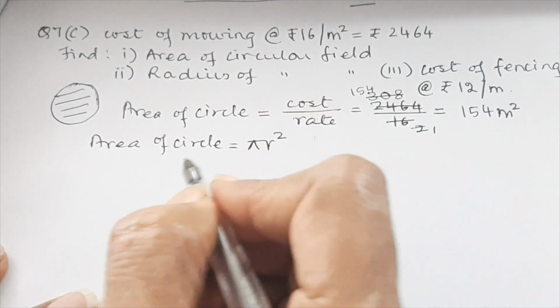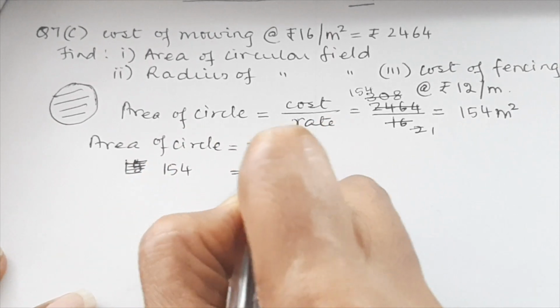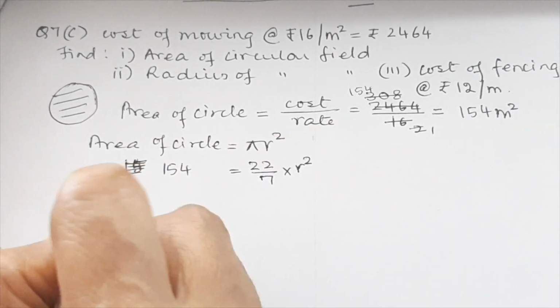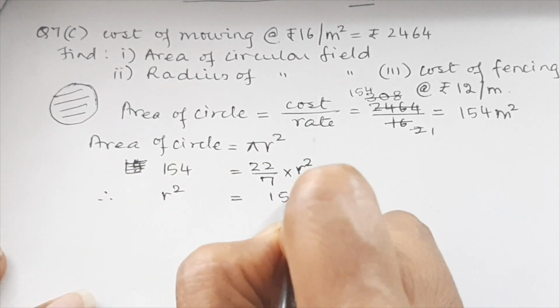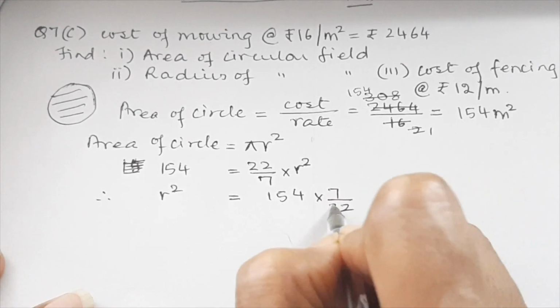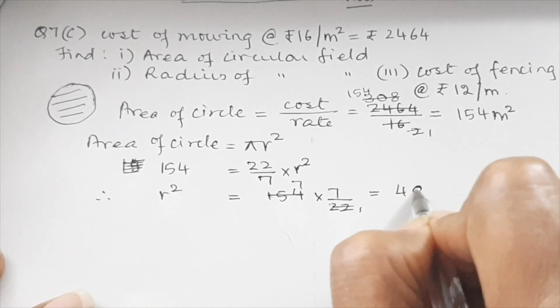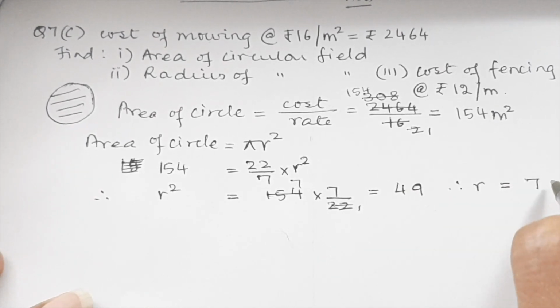So we got to connect it with the formula. So 154 is equal to 22 upon 7 into r square. Therefore, our r square is equal to 154 multiplied by 7 upon 22. 22 goes 7 times here, which is equal to 49. Therefore, radius is equal to 7 meters.